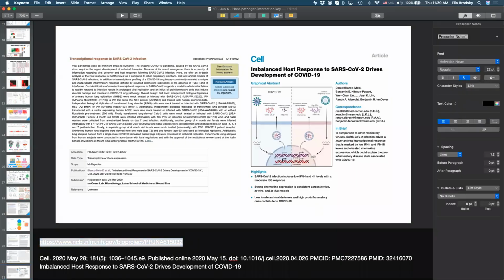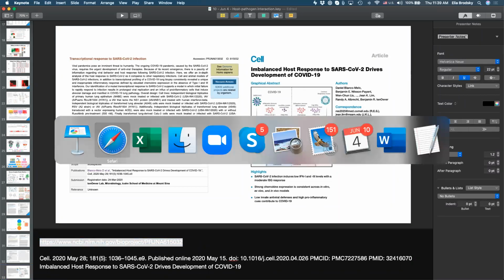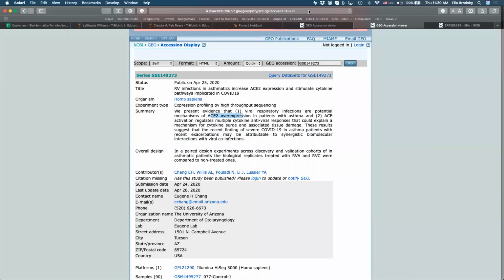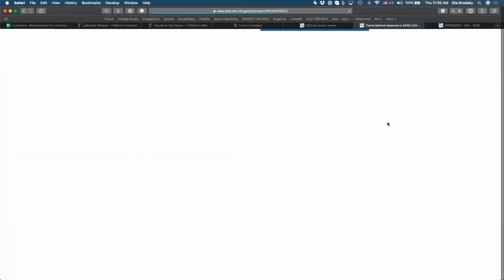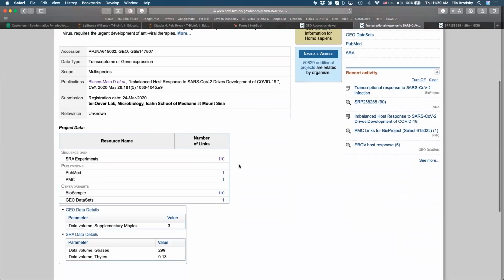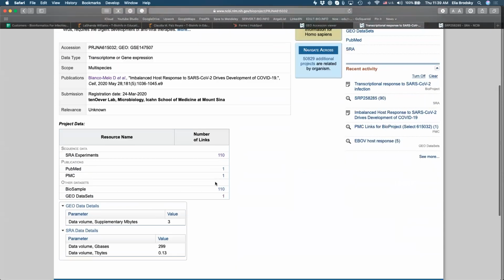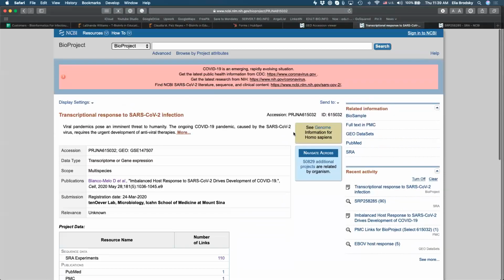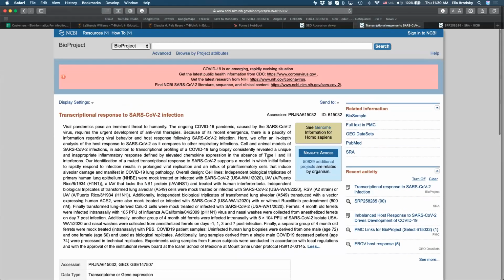So here's a data set, a rich data set that you can find a lot of different types of data to analyze and play around with. 110 different SRA experiments. Again, if you read here, what did they do?